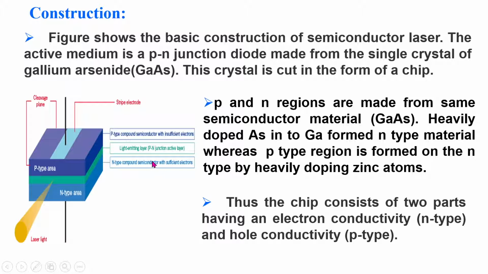The N-type is the semiconductor with a sufficient number of electrons, and the upper region is the P-type semiconductor with a sufficient number of holes. In another way we can say the P-type is the semiconductor with an insufficient number of electrons. In between the P region and the N region there is the formation of the PN junction, and this PN junction works as the active medium or the active layer.